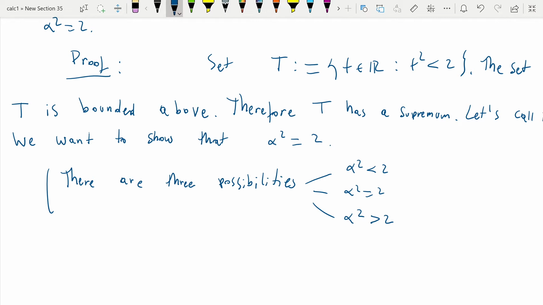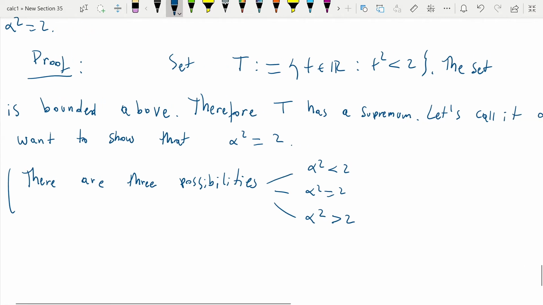In particular, there are only three possibilities with respect to whether alpha squared is smaller than, equal to, or greater than 2.